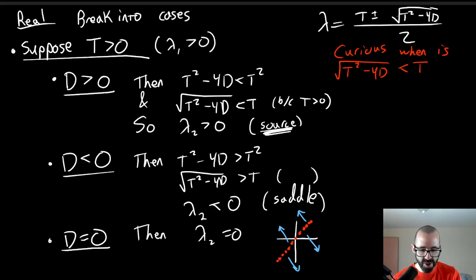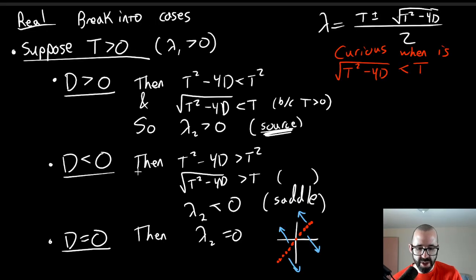All right, so those are all the cases for if t is positive. If t is positive, the determinant has to either be positive, negative, or 0. We're going to do the exact same thing for suppose t is negative. And when you do that, you're going to get pretty much the same thing. If t is negative, we'll follow the exact same steps, the exact same logic.